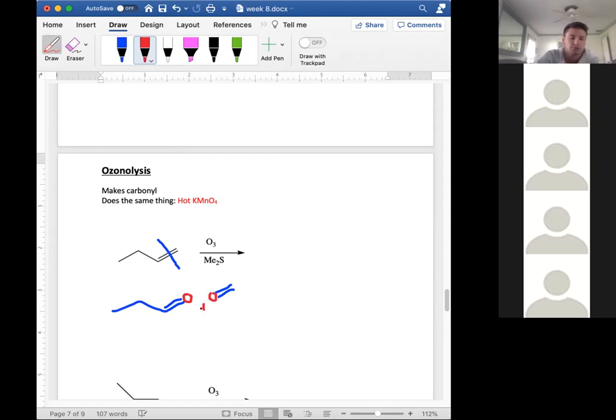Those are your products. All right. Can somebody tell me what functional group that is? I'm holding out hope. In green, what's that functional group?